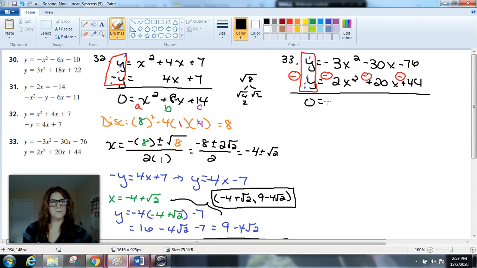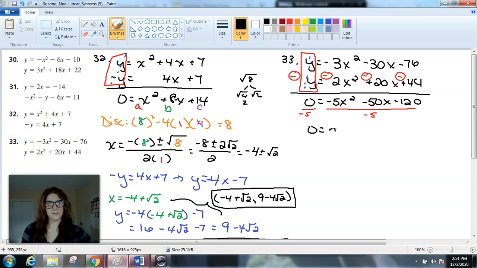We get 0 equals negative 5x squared minus 50x minus 120. Okay. So from here, again, if you want to do the quadratic formula, go for it. But I noticed all of these are divisible by 5. So I'm going to divide everything by a -5. That's going to get me 0 equals x squared plus 10x plus 24.